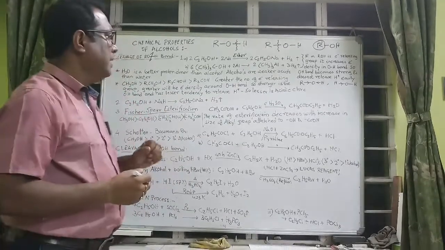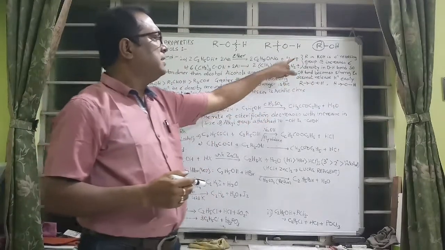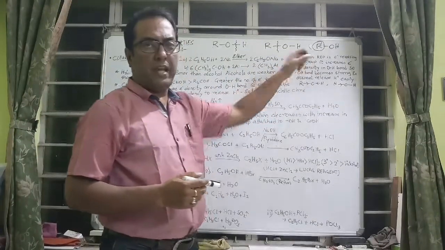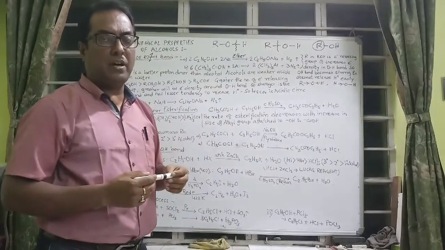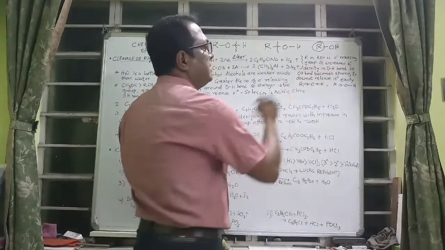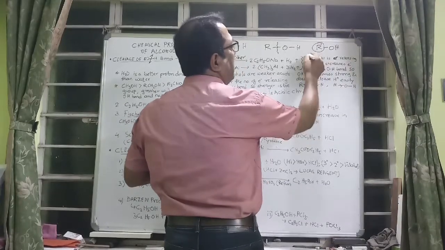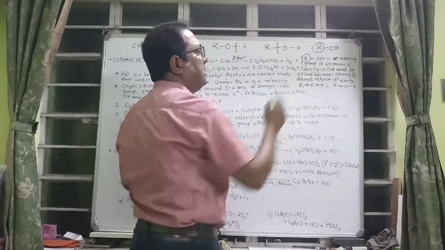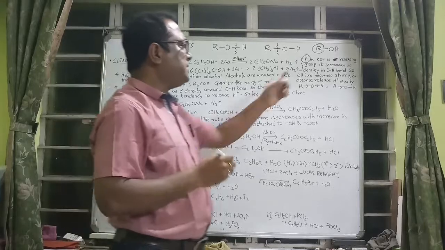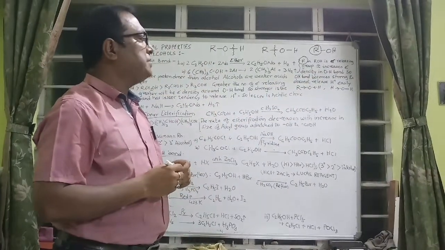Now you can see here, I have given you an instance saying that the R in the ROH, that is the alkyl part in the alcohol group, is electron releasing. R is an electron releasing group. It increases the electron density on the OH bond.